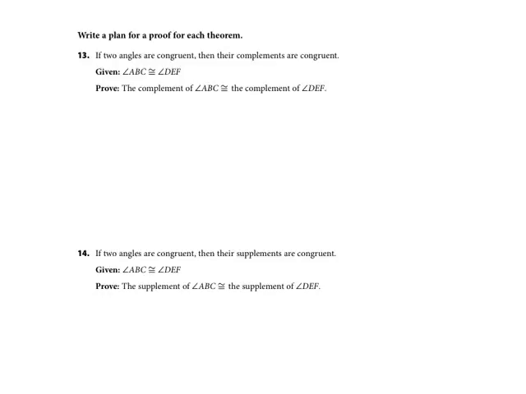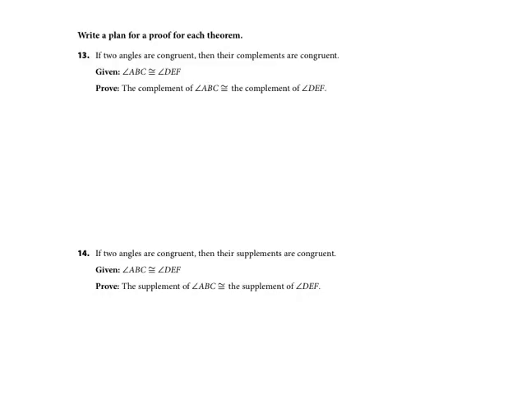So, they gave me the information that angle ABC is congruent to angle DEF. And I need to prove that the complement of angle ABC is congruent to the complement of angle DEF.